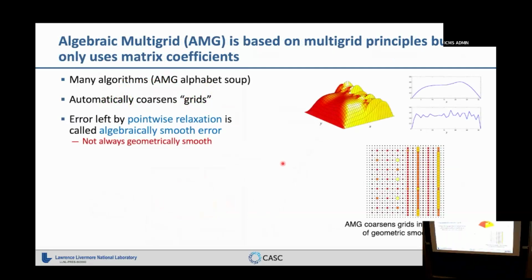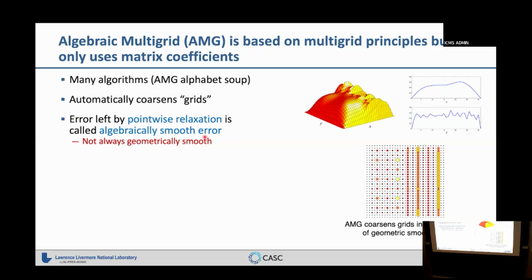And another difference with algebraic multigrid and geometric multigrid is usually with geometric multigrid, you construct the coarse grids first, the coarse grid correction step, and then you have to select your relaxation scheme to complement that so you get good behavior, right? It's the opposite with algebraic multigrid. We usually fix the relaxation method, be a simple thing like weighted Jacobi, and then you have to construct the coarse grid correction. That's where all the research comes in to complement that well.